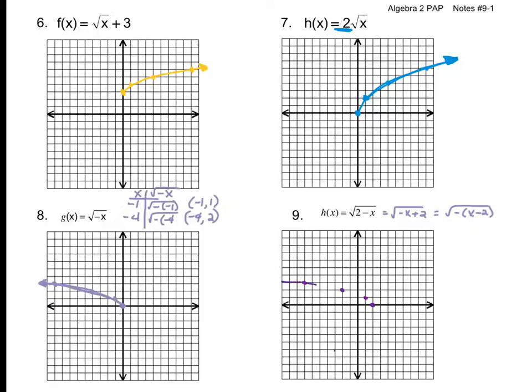Okay. And there's our graph. So don't let those negatives under the radical confuse you. They're a little harder than some of the other transformations.